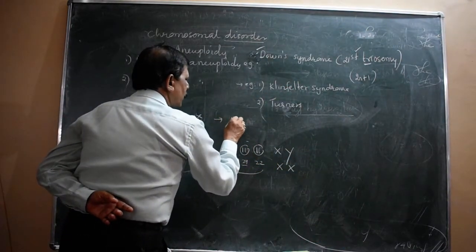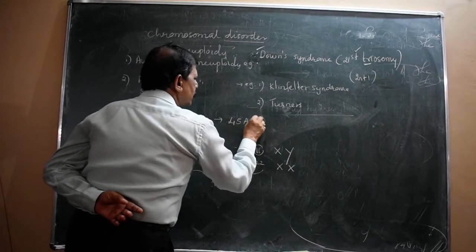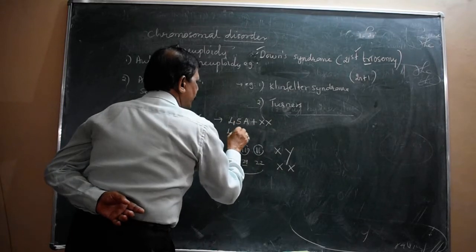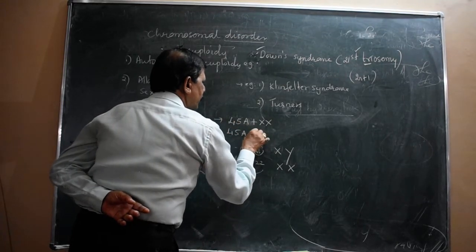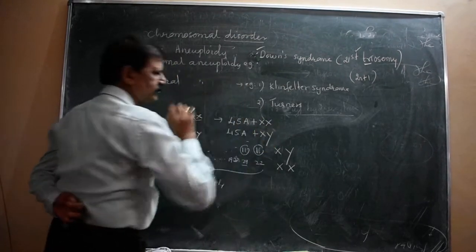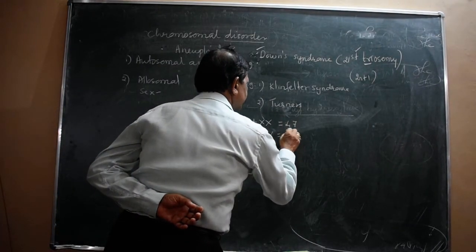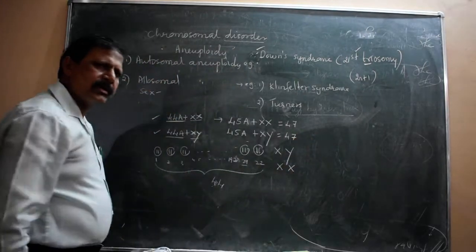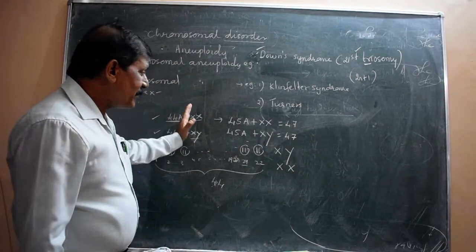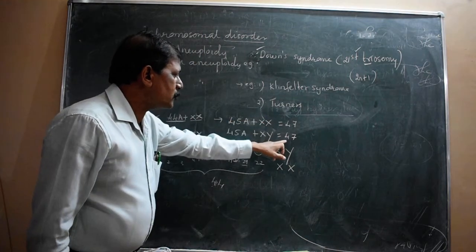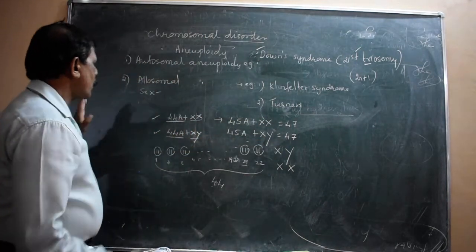When it is Down syndrome, the result is 44A plus XX, or 45A plus XY. So the total number of chromosomes becomes 47. In other words, whether male or female, in Down syndrome 47 chromosomes are present instead of the normal 46.